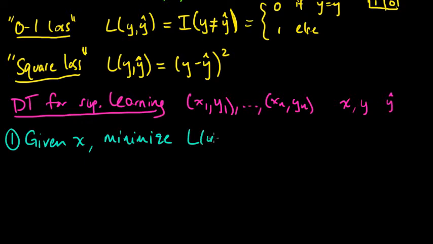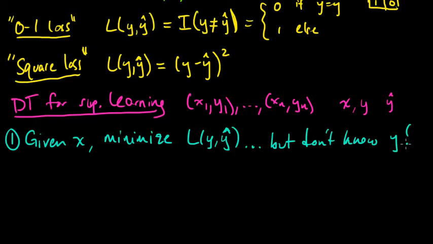Well, we should predict a y to minimize our loss. So we predict the y hat to minimize this loss, where y is the true value. But the problem is we can't exactly do this because we don't know what y is. If we knew what y is and we knew what the loss function was, then we could minimize this, but we don't know the true y.